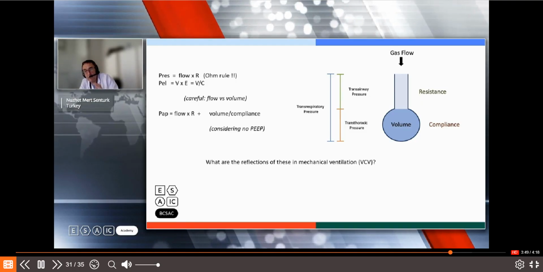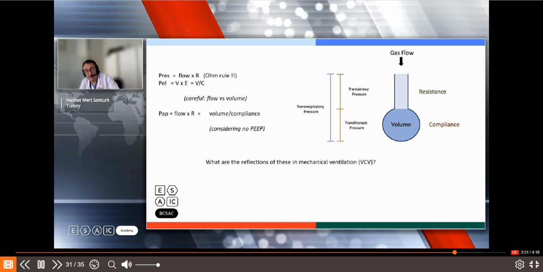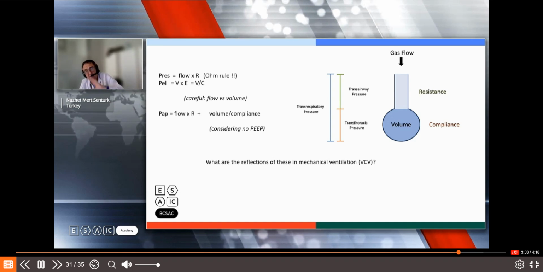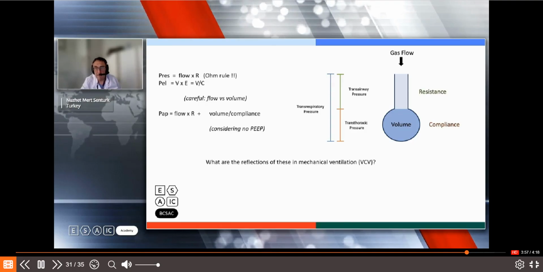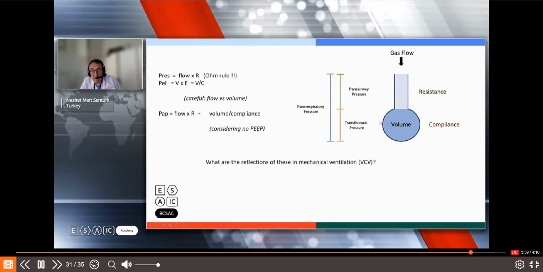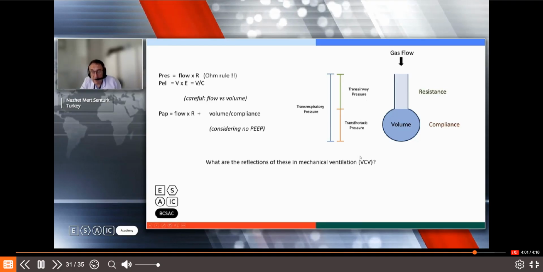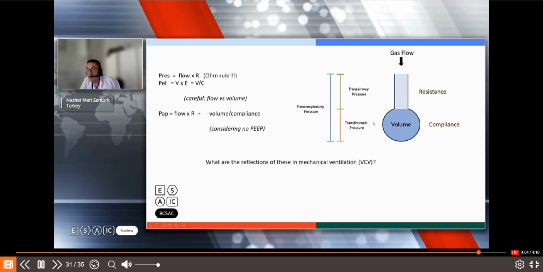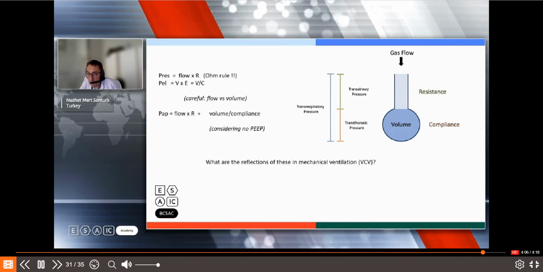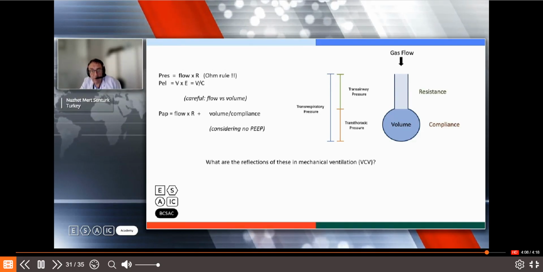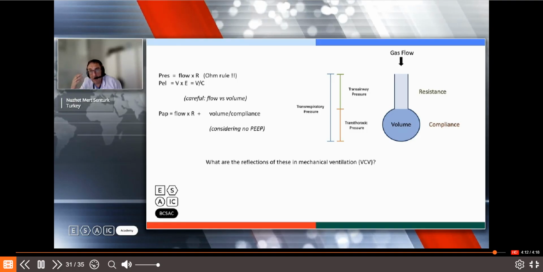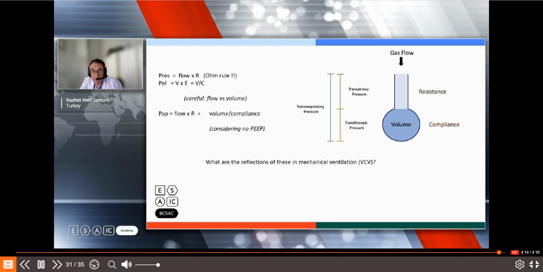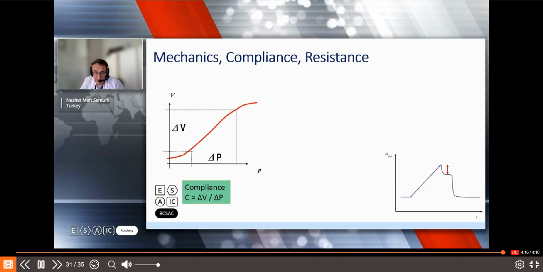On the contrary, if you have a restrictive lung disease, if you have an ARDS patient, or let's say a pneumonia or similar, then you would have some problem in the compliance, and this could show itself in an increase in plateau airway pressure. And so you can make a difference about the location and the pathophysiology of the disease.